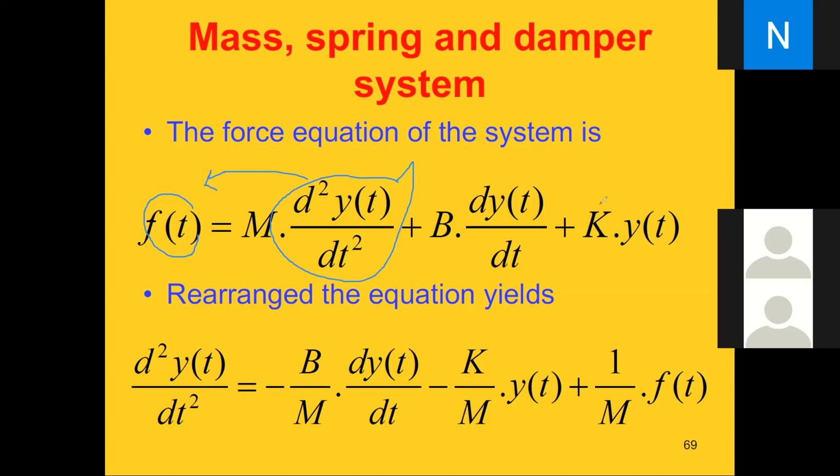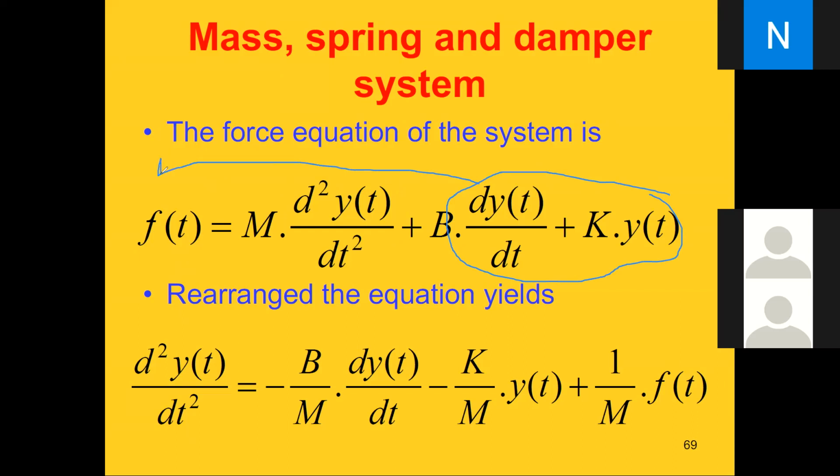The drawings, you bring B and K to the left. So d square y over dt square will be the subject, and the mass m in kilogram will be the divider. So divide by m, and divide by m.